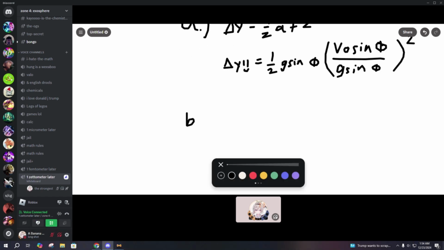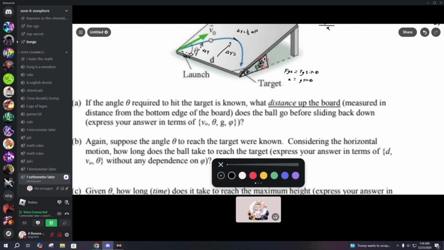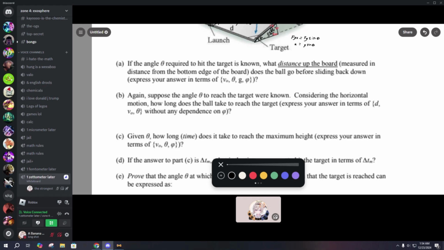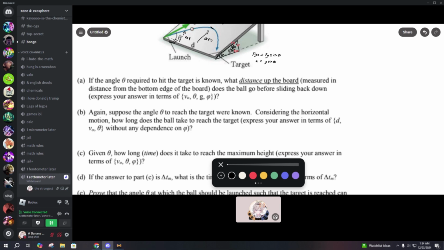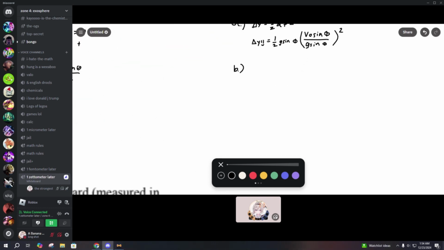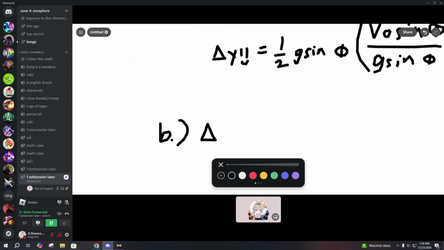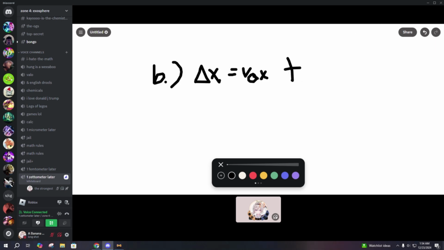Now part B. Again, suppose the angle is known. Calculate the horizontal motion. Considering the horizontal motion, how long does the ball take? So time. Well, I know that delta x is equal to VOX times t, and it doesn't really matter because Vx doesn't change. So I can simplify and plug in my values.